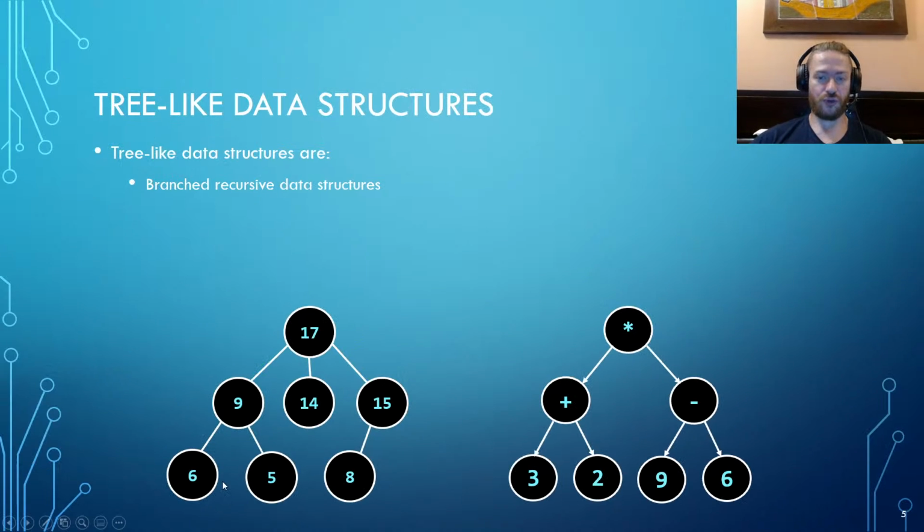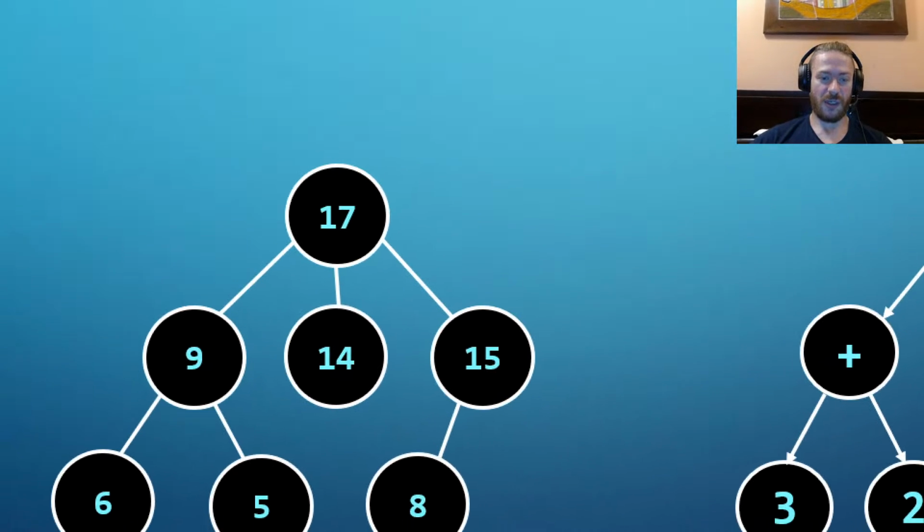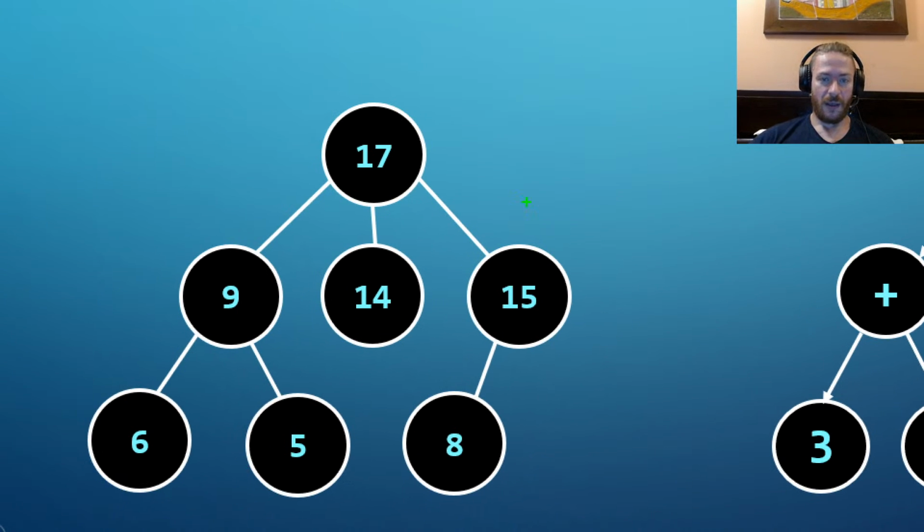So a typical tree data structure looks like this. And we have a node. A node is a place in which you can store values. For example, if you consider an array and you have cells which are numbered from 0 to whatever, and you can store values in these cells.